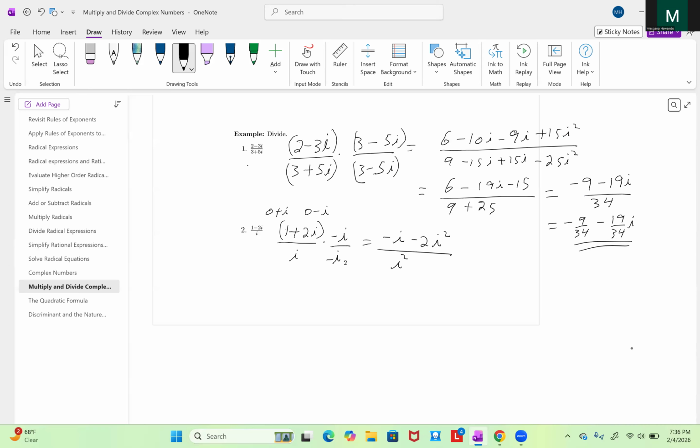This here is equal to minus i minus 2 times i squared, which is negative 1, over minus times i squared, which is negative 1. This here is equal to negative 2 times negative 1 is 2, and then minus i. In the denominator, negative 1 times negative is positive 1, so 2 minus i.